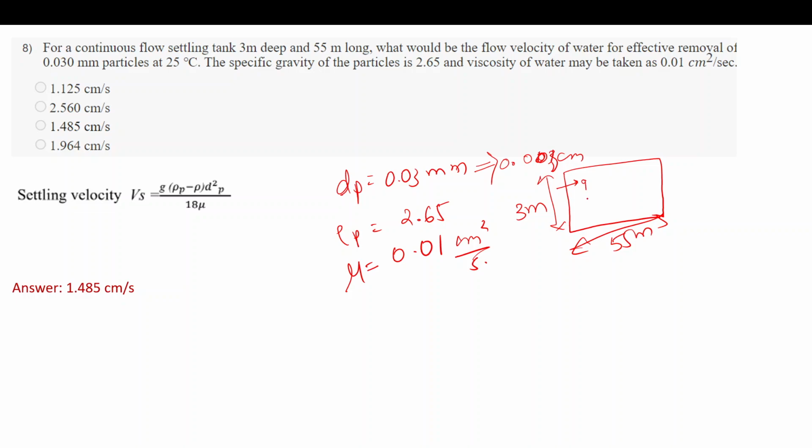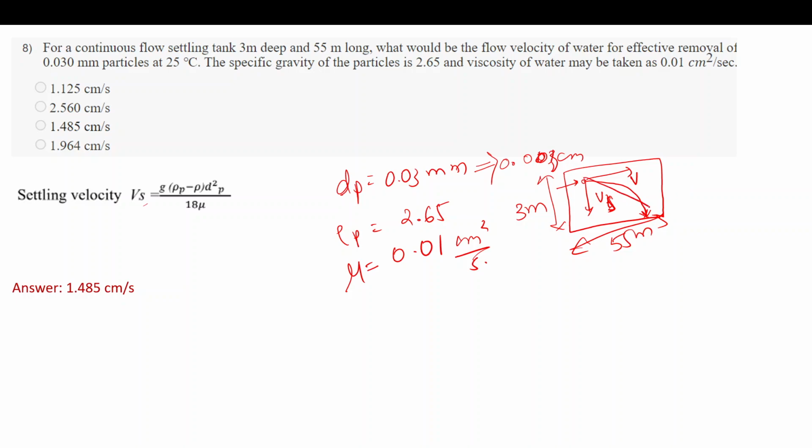Now this is Vt, this is V, let's say this is Vs. Depending on Vs and V, it will settle somewhere here, right? Before it goes out, it should settle.